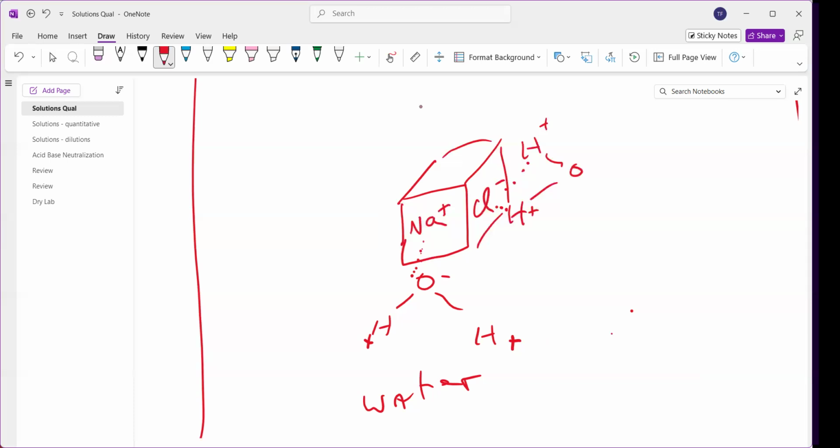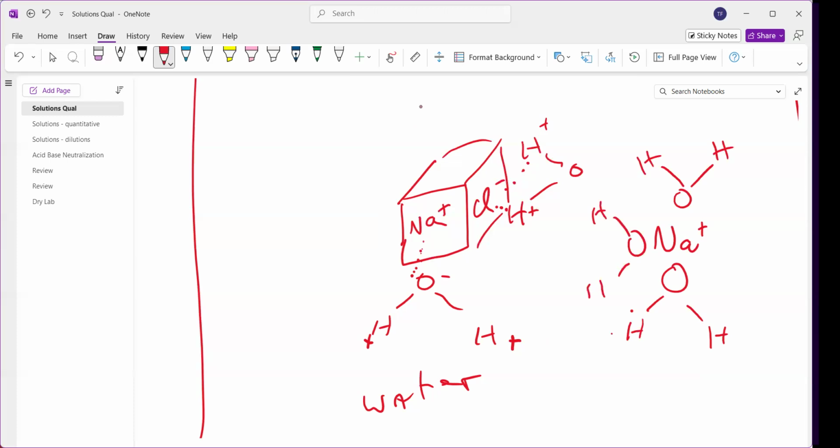And that's so this table salt is gradually pulled apart. And then what happens then is water surrounds the sodium.